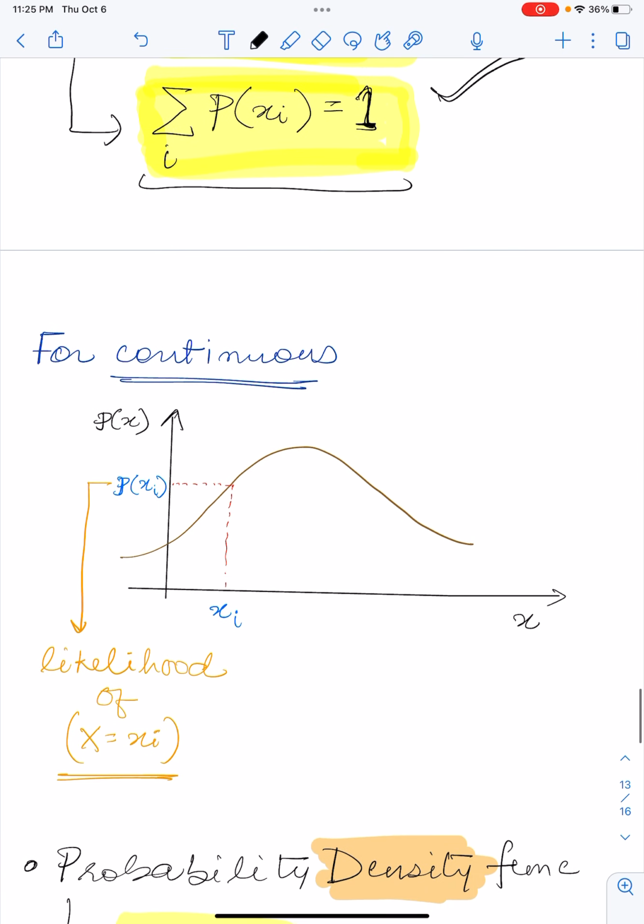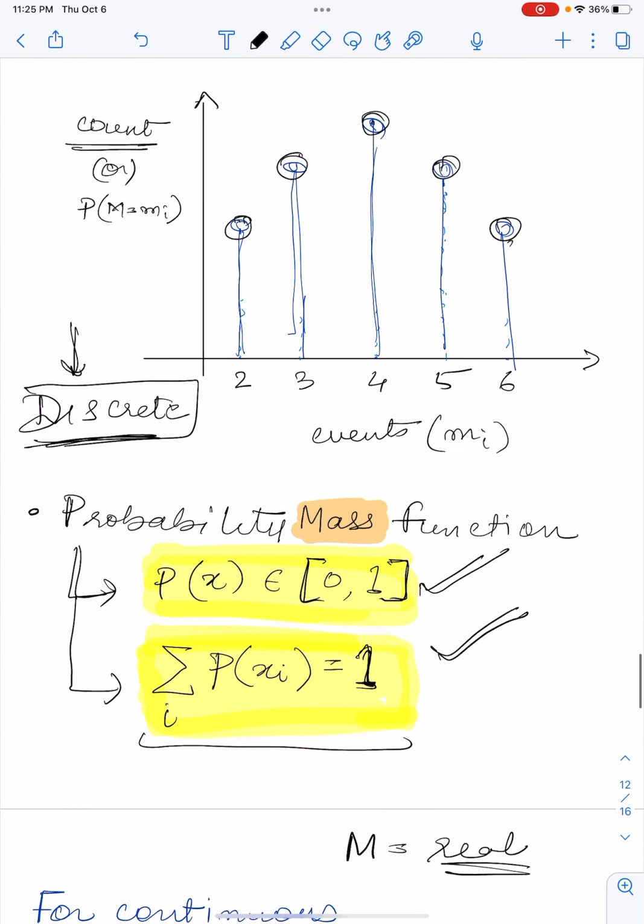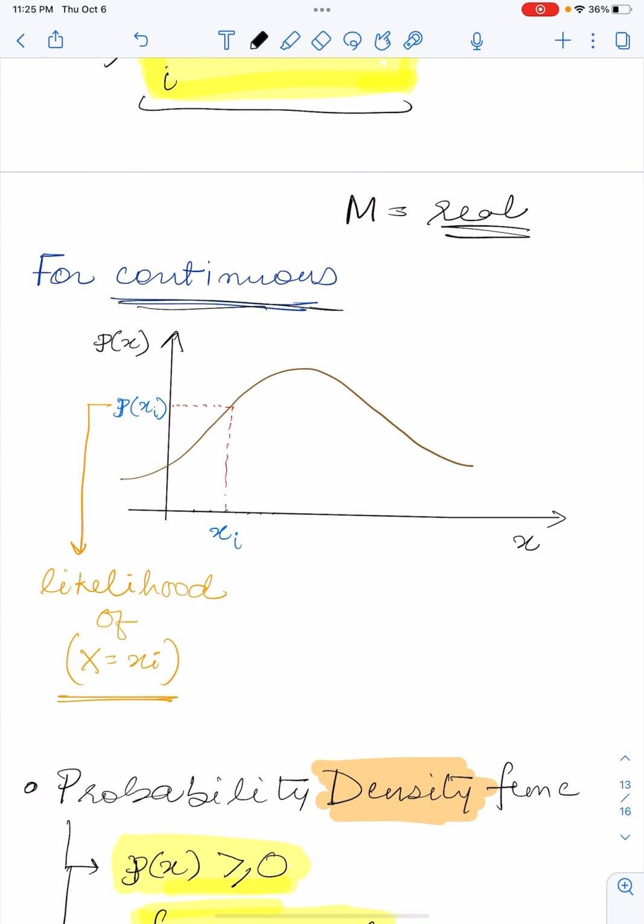Same thing we can say for continuous variables. Let's say this m can take any real number, anything could be possibly assigned. But how these real numbers are distributed, say in the bank, would be given by this. So this is the distribution of these numbers, and if we select any number here, that is xi, this particular point is the likelihood of xi.